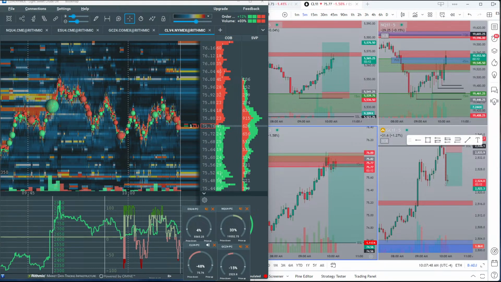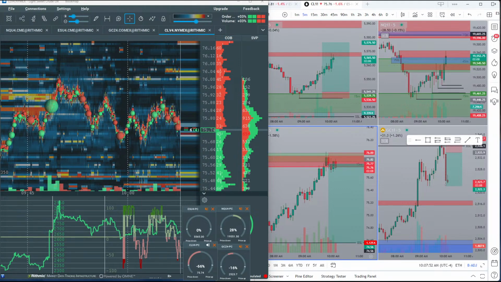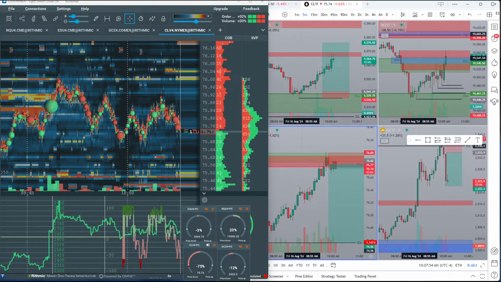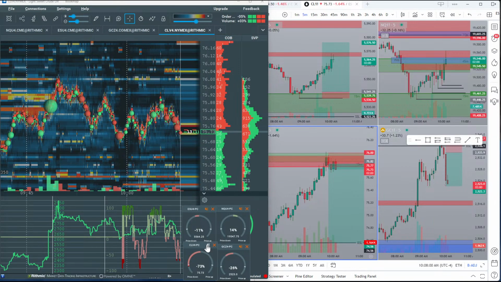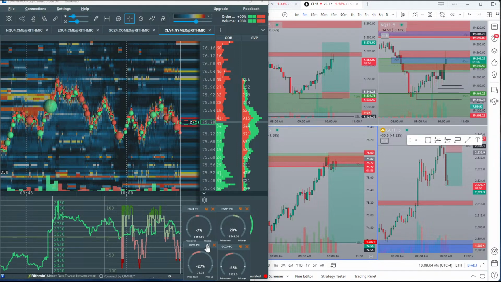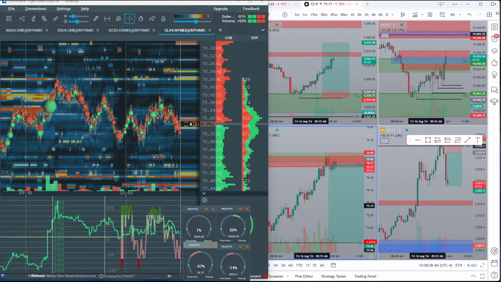NASDAQ is still rejecting that fair value gap, so I'm probably going to end up giving it another chance depending how the 5-minute closes, but I am going to wait for the 5 to close. Still in these crude shorts. That's the noise you hear right now, the crude oil market pulse indicator pushing to the downside. But crude is very choppy, right? It chops, it drops, it chops.